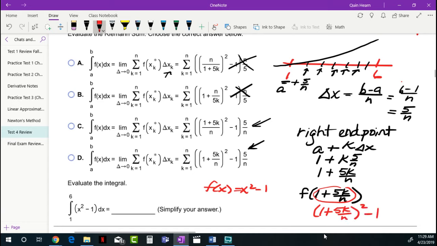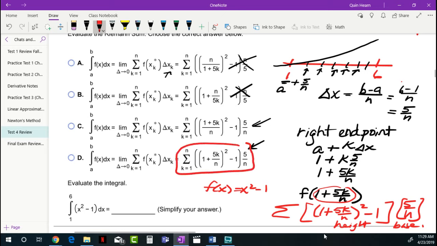But remember, the height of a function is not determined by the x, it's the y. So you have to plug that into whatever function you have. So looking back at our definite integral that we were given, the function is actually x squared minus 1. So to get the height, we're plugging into f of x equals x squared minus 1.